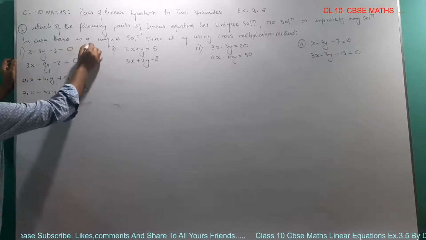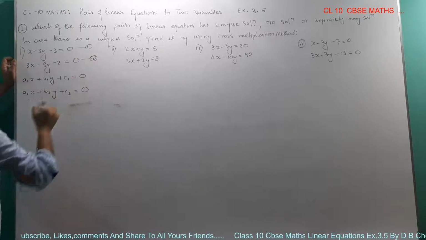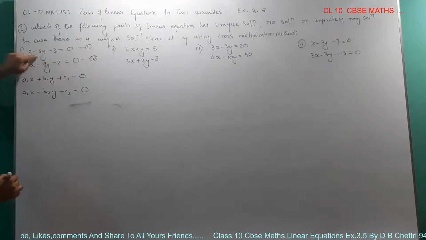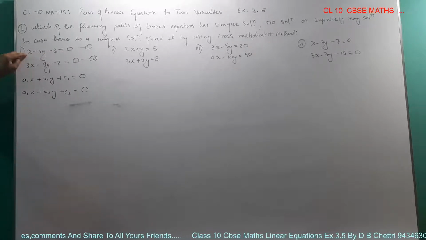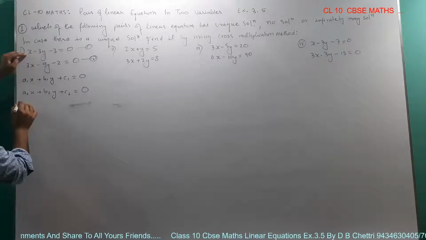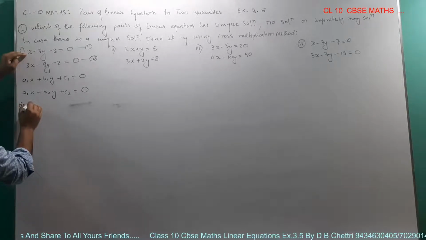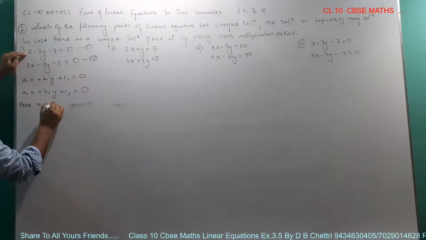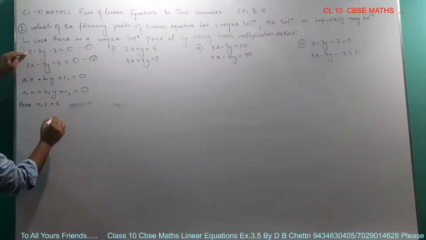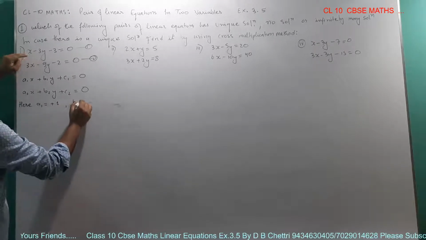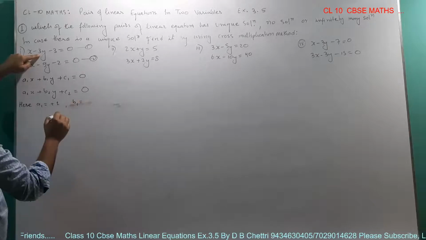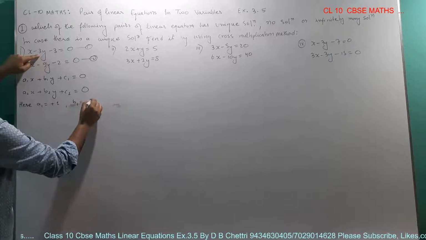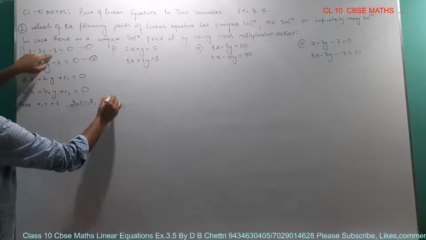Suppose this is our equation 1 and this is equation 2. Let's get the values of a1, b1, c1. There is no number, which means 1 is there. That means here a1 equals plus 1. Then b1 equals the coefficient of y, minus 3, then c1 equals the constant term, minus 3.